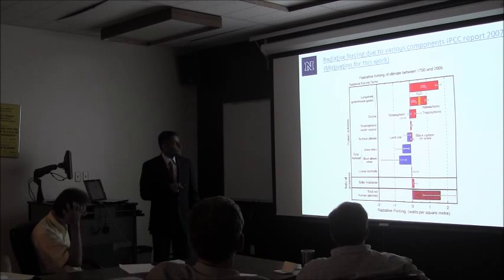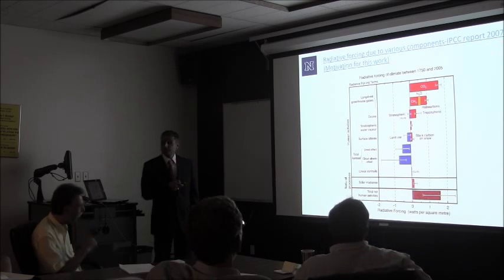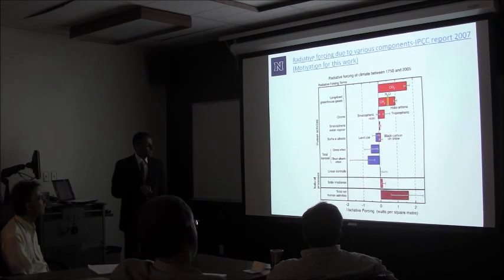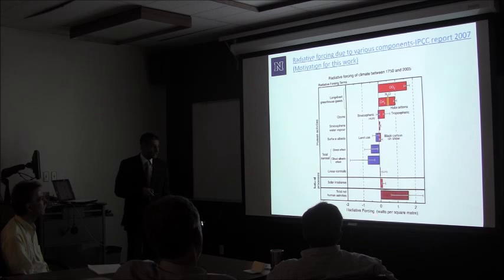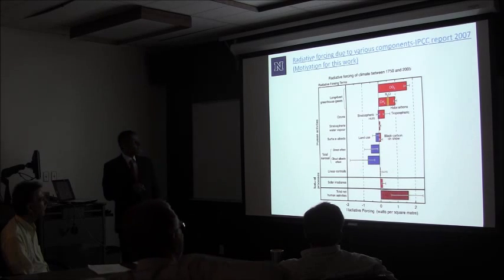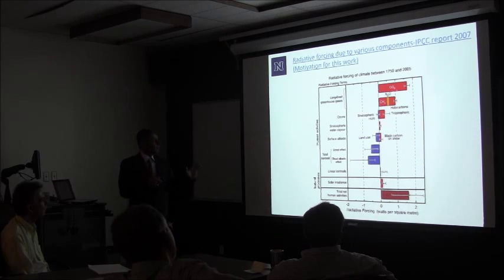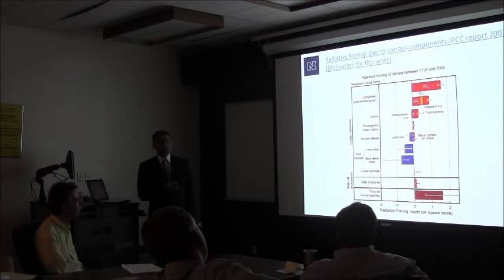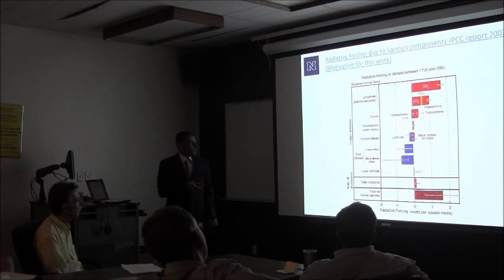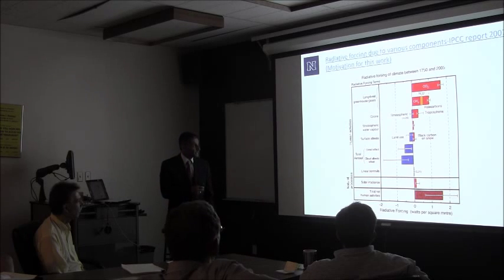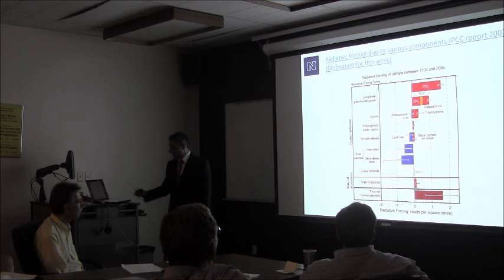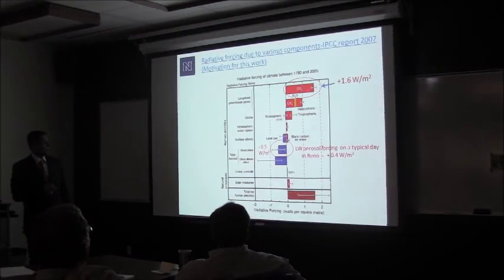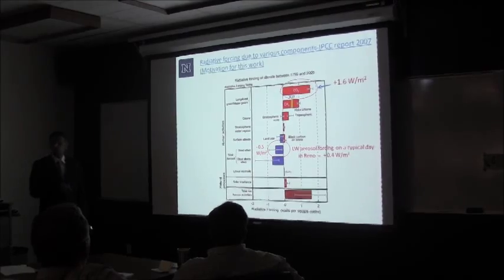I took this chart from the IPCC report 2007, which displays the radiative forcing contribution by various agents present in the Earth and atmosphere. Among these various species or components, I am just focusing on two agents, carbon dioxide and aerosol.